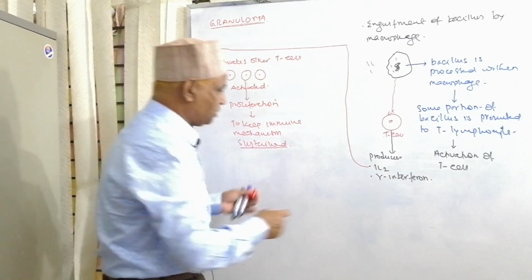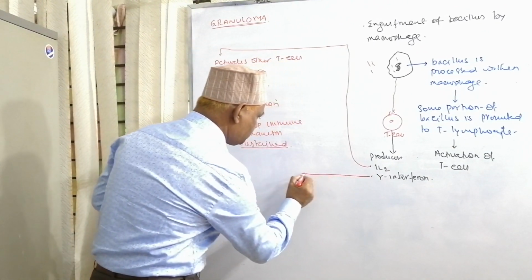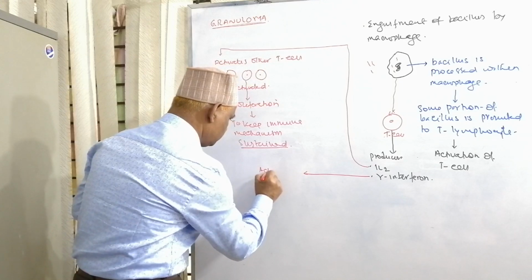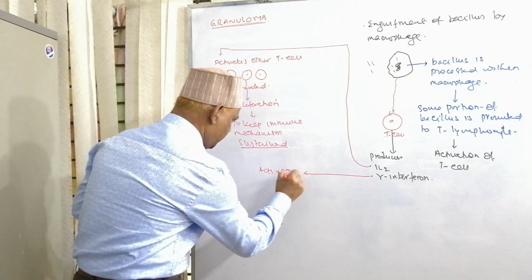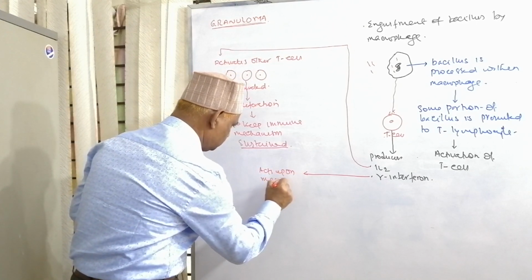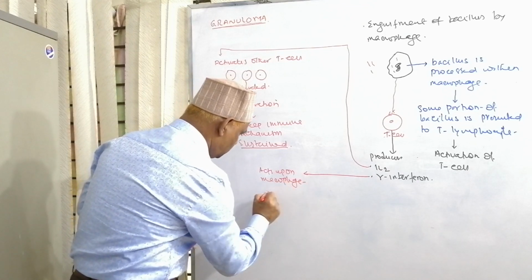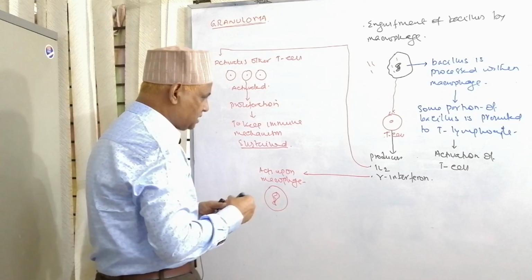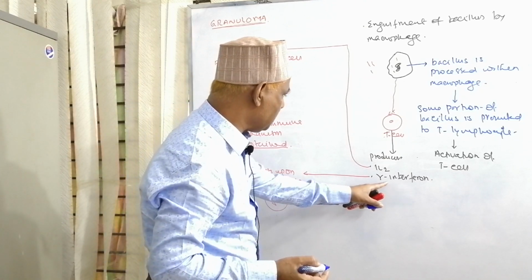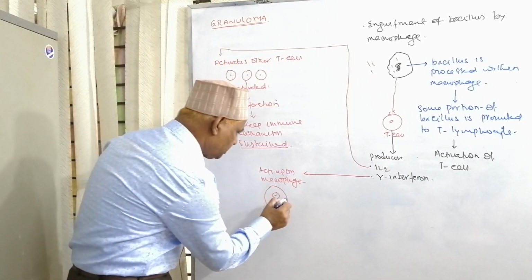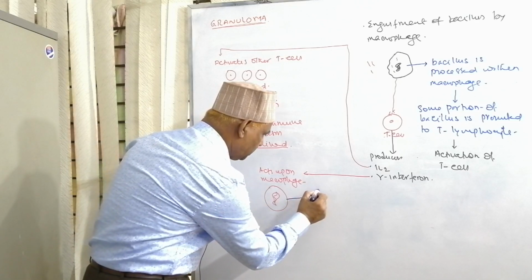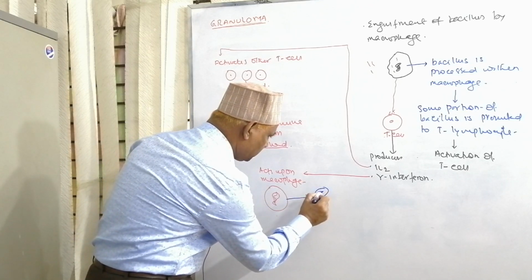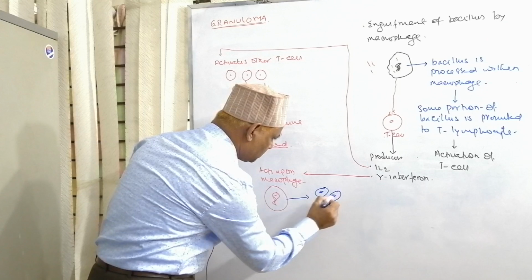This gamma interferon acts upon the macrophage, and due to the action of gamma interferon, the macrophage is converted to an epithelioid cell.